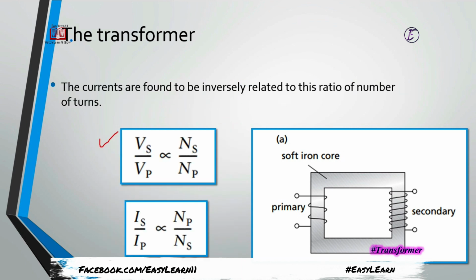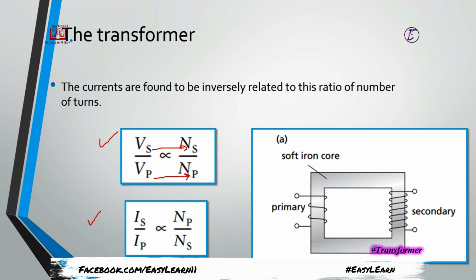This is the formula for the voltage, and this is the inverse formula for the current. You have to remember the first formula, which is easy to remember: Vs, Ns, Vp and Np. If we remember one formula, the other is the opposite of the first one.